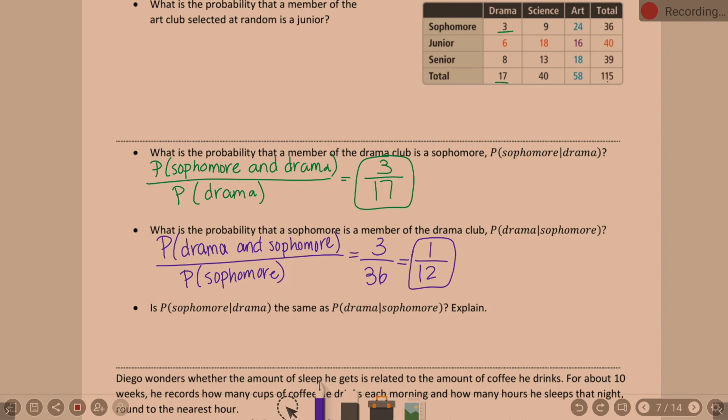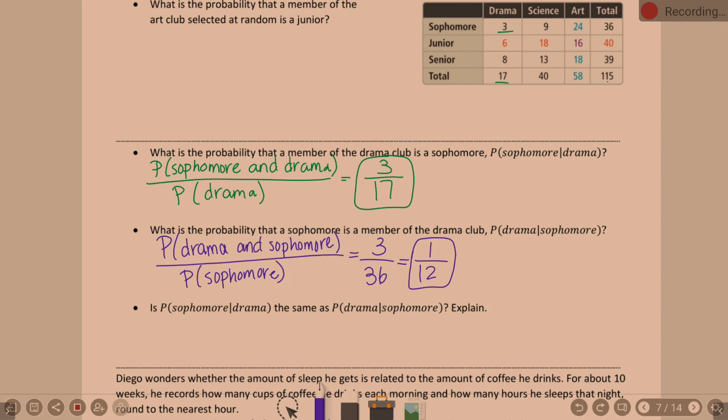Okay. Now, follow-up question. Is the probability of a student being a sophomore given they are a member of the drama club the same as the probability of a student being in drama club given they are a sophomore? I've already talked about this a little bit, but are they the same? Definitely not, right? We just did both of them. We got 2 different answers. And what's going on here?